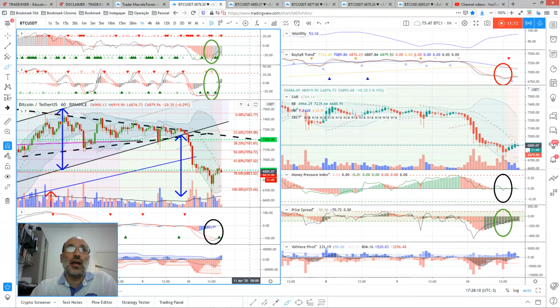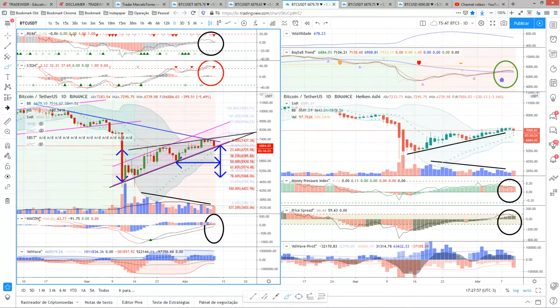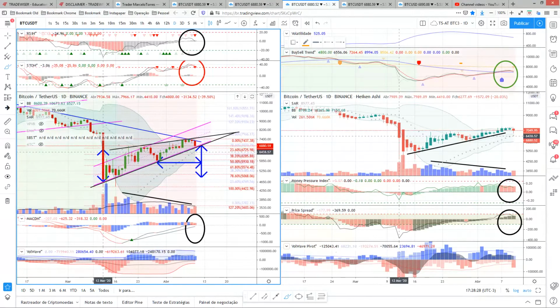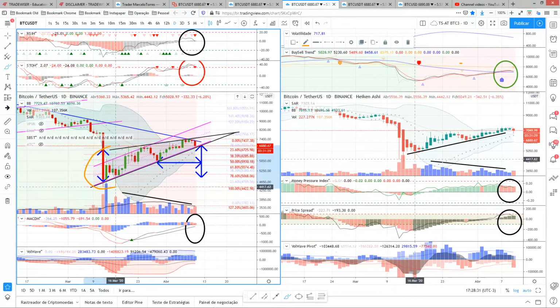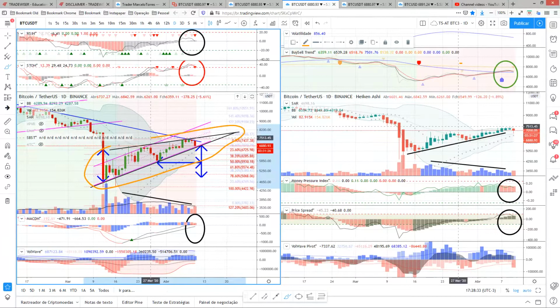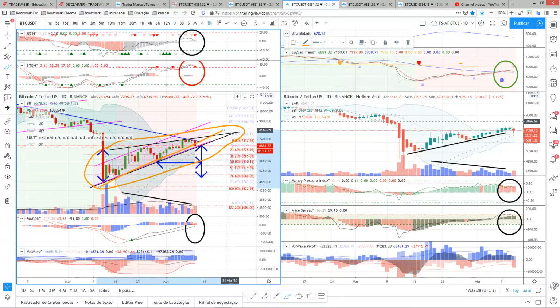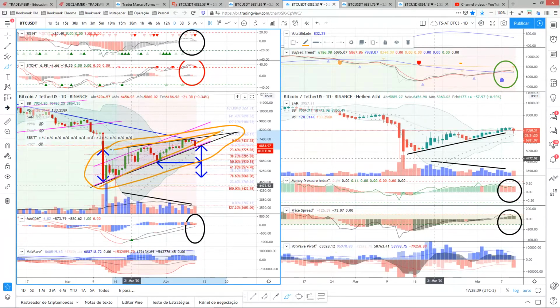I put a second buy at 6,900, and then it got me again. But after that, I saw that it was moving, and while I was waiting for this buy to happen, I figured out that I missed a bullish wedge right here, which is the black one right here and right here. See?